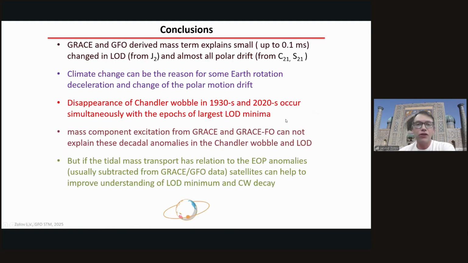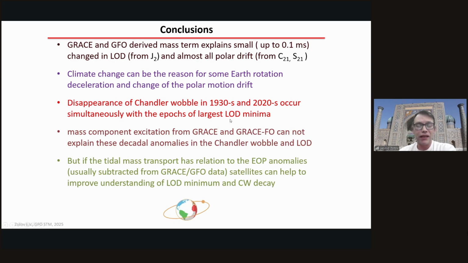So, conclusions. GRACE and GRACE Follow-On mass terms explain small changes in LOD and almost all polar drift. So climate change can be the reason for some Earth rotation deceleration and change of polar motion drift, but the disappearance of the Chandler wobble and the LOD minimum cannot be explained by the mass component of excitation.